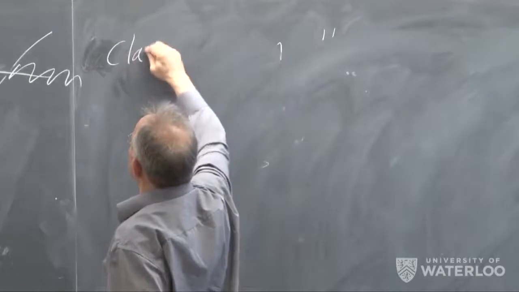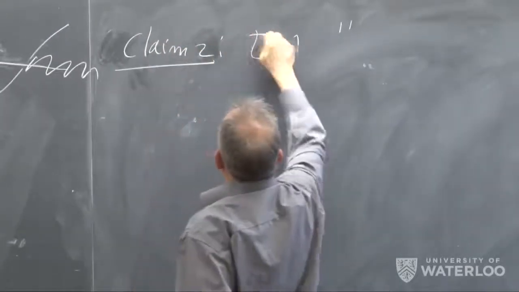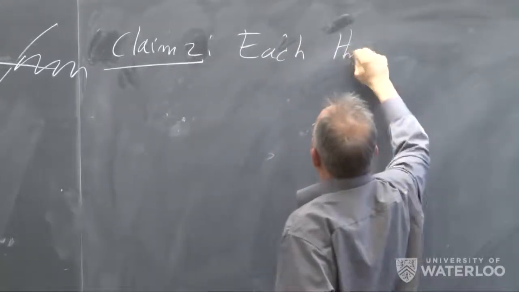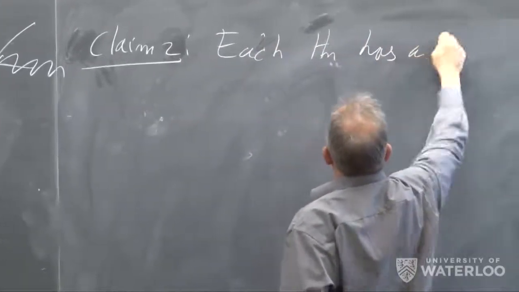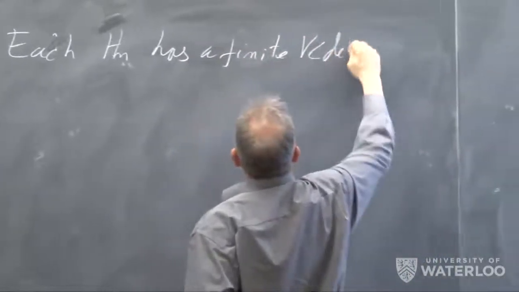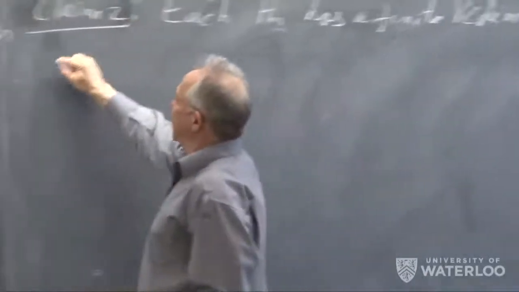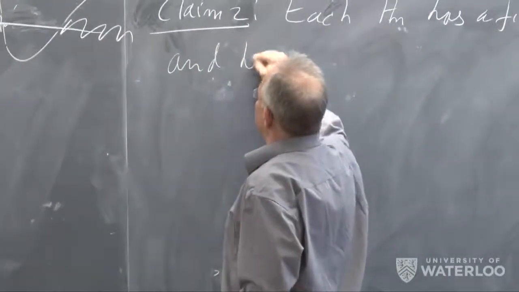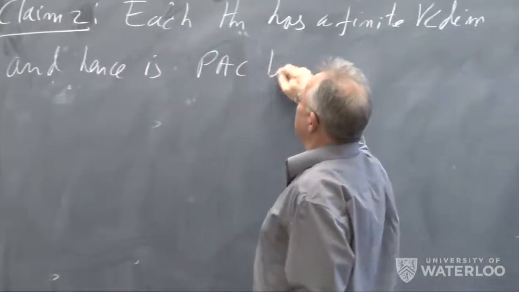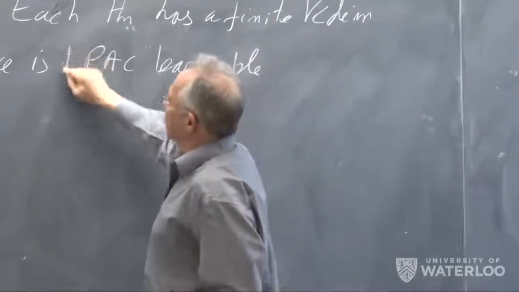And then claim 2: each Hn has a finite VC dimension, and hence is PAC learnable, or agnostic PAC learnable.